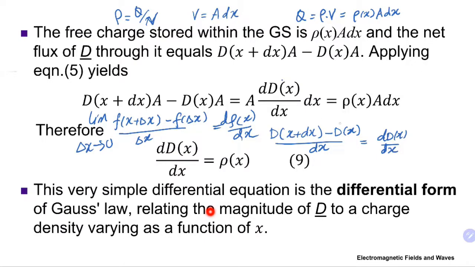And therefore we end up with this equation here, and that's my equation 9, which is my Gauss law in differential form. So we have the integral form, and this is another way of writing Gauss law, in a differential form.